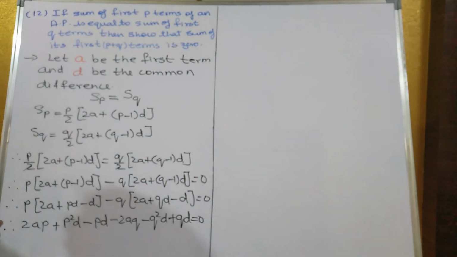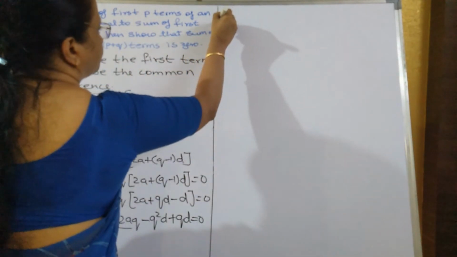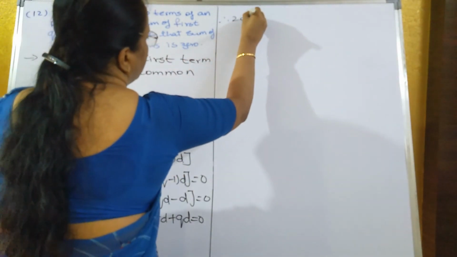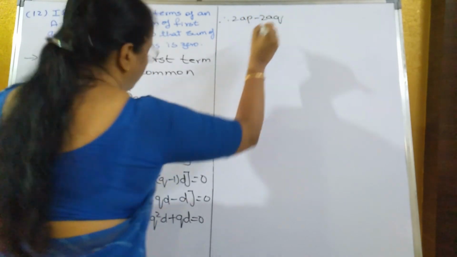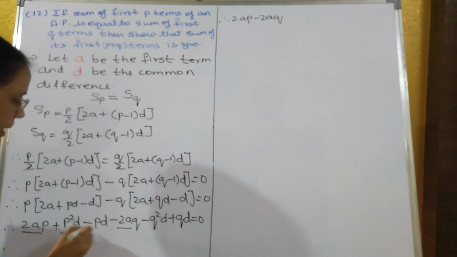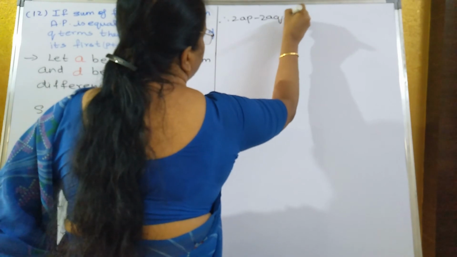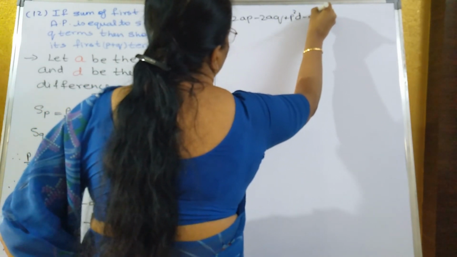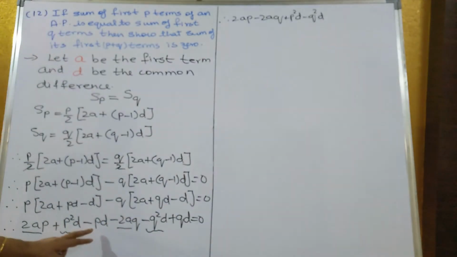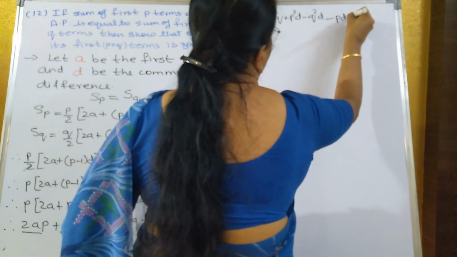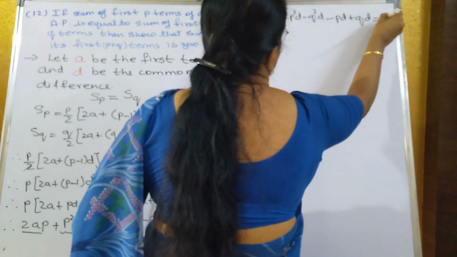Now take the common terms together, 2AP and minus 2AQ. Therefore 2AP minus 2AQ plus P square D minus Q square D, and the remaining ones, minus PD plus QD is equal to 0.